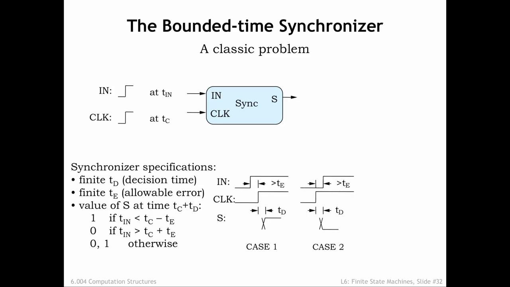And if clock's transition happens sufficiently before in's transition, we want the synchronizer to output a 0 within time Td after clock's transition. Finally, if the two transitions are closer together than some specified interval Te, the synchronizer can output either a 0 or a 1 within time Td of clock's transition. Either answer is fine, so long as it's a stable digital 0 or digital 1 by the specified deadline.